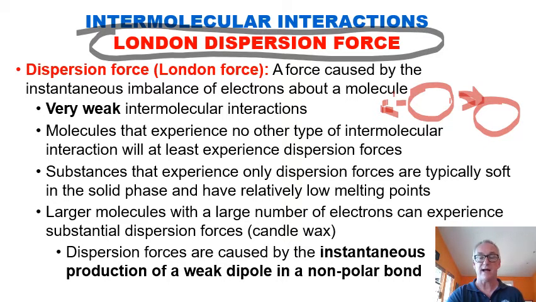Because if this side becomes slightly positive, then in the molecule next to it, it will pull this evenly bound cloud of electrons a little bit towards it and form a very small, slightly negative charge. And then they will interact. But as you can imagine, this is really, really, really weak.